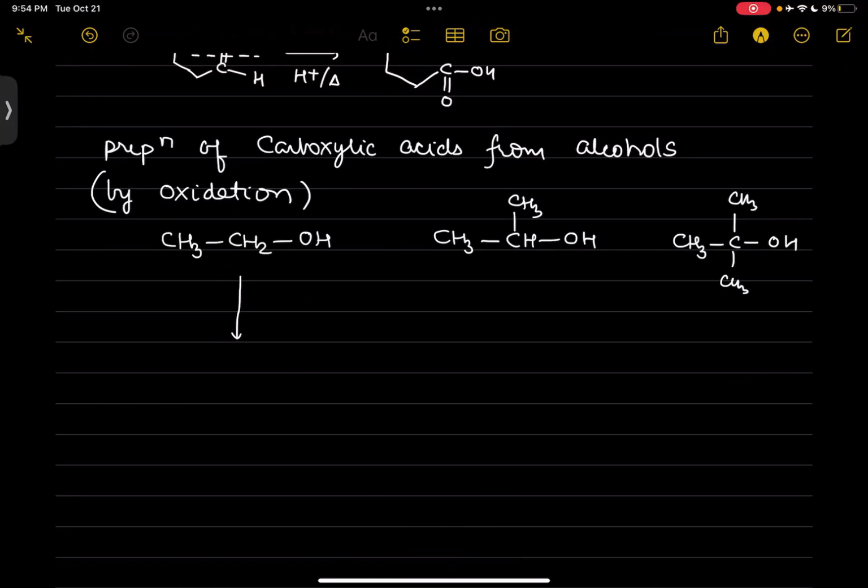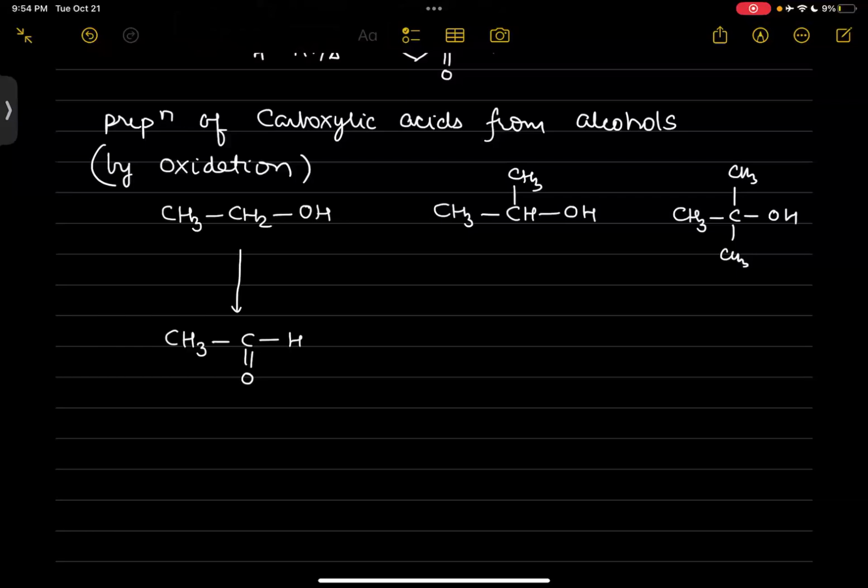First you remove the H and H. So when you remove the H and H, you get C double bond O, aldehyde.